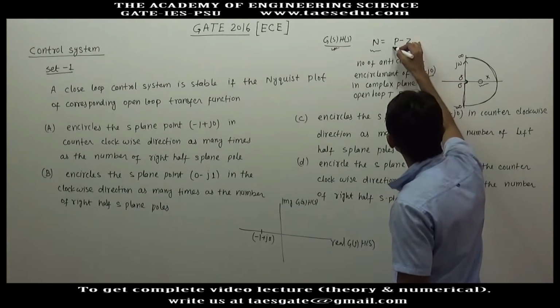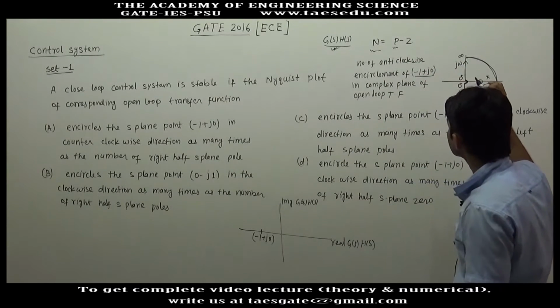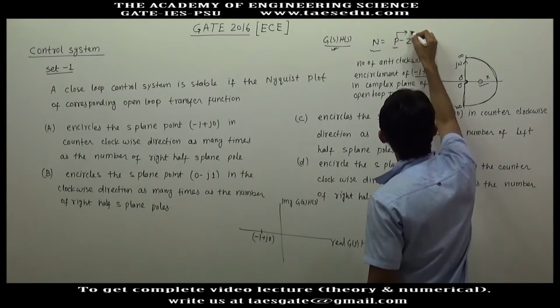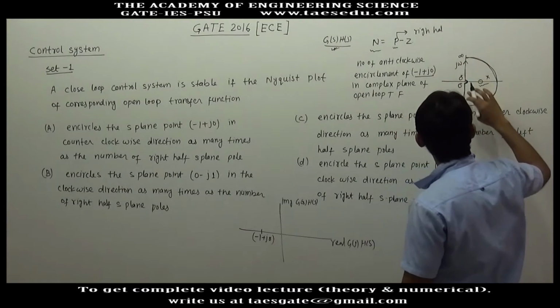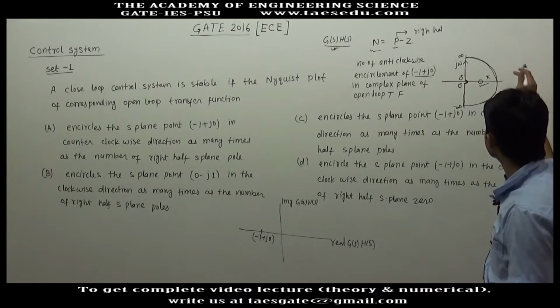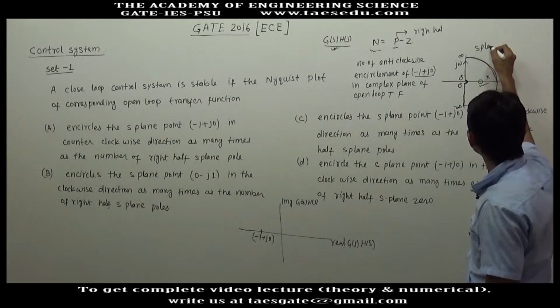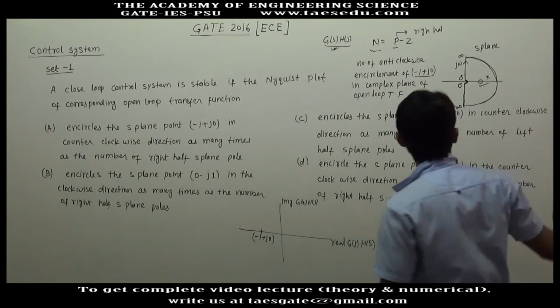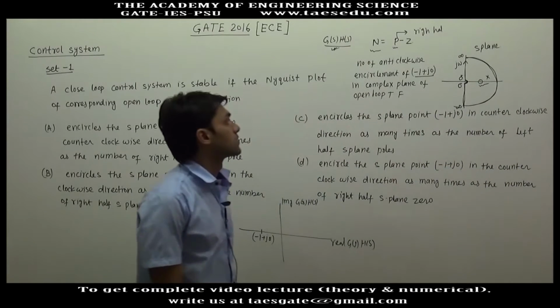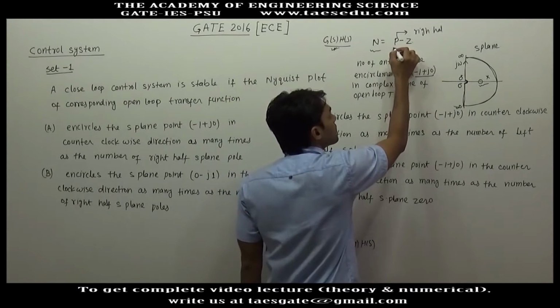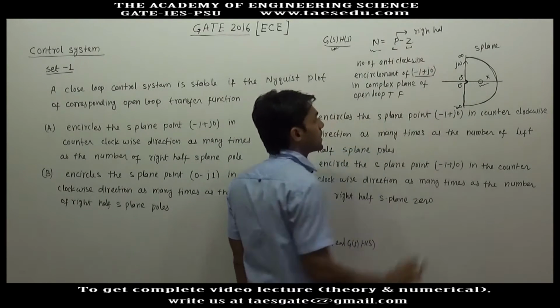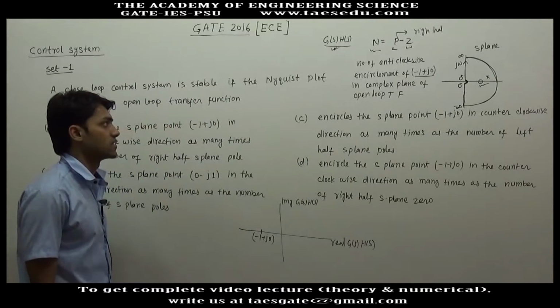What is P? P is the right half pole, because we cover the right half of S plane only. This is S plane. We cover the entire right half of S plane. So here P and Z will be the right half poles and zeros of S plane.